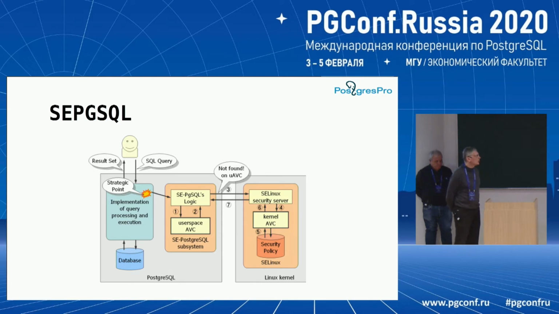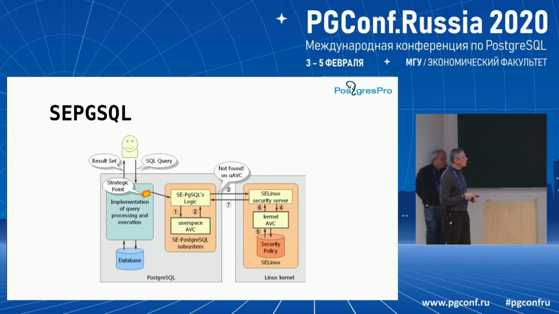Postgres has a module known as PGCL that is a dispatcher of access to database items. It checks the policy of the operating system. In this scheme, you can see this principle of interaction.